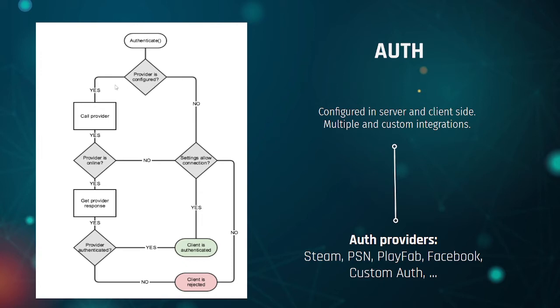Normally, you check whether the provider is configured in the dashboard for that platform. For example, for Steam on PC, you have to configure all the tokens and the authentication in the Photon web page, and then you have to use the same configuration in the plugin. Using that, you do the login, and then the client is approved or rejected.